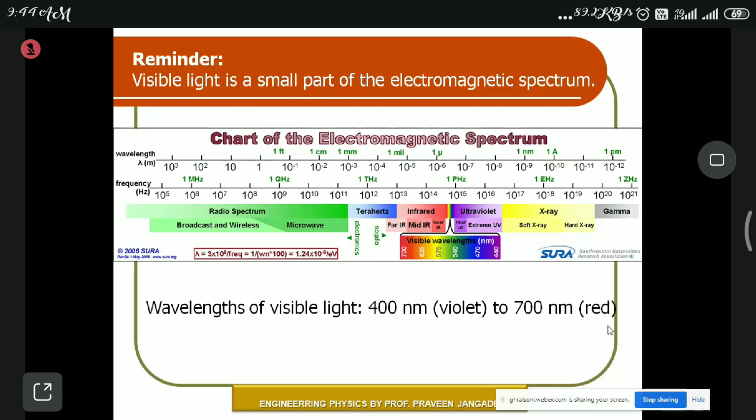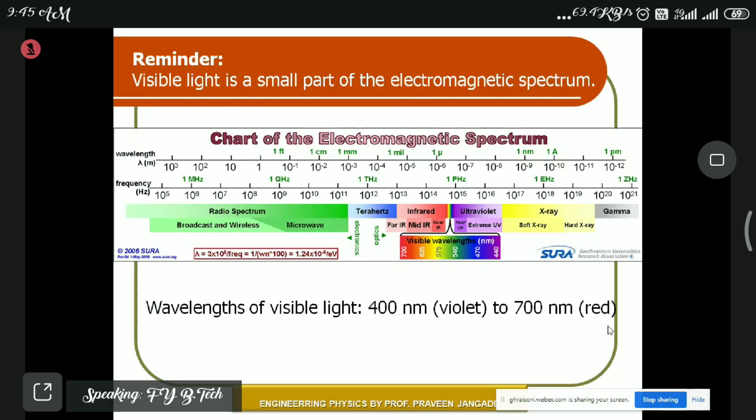Visible means we can see this particular range. Any color between 400 nanometer and 700 nanometer we can see or visualize with our eye. That is called the visible spectrum.